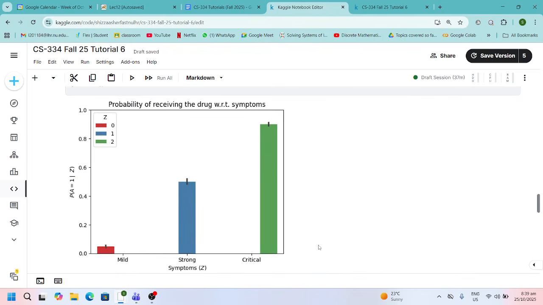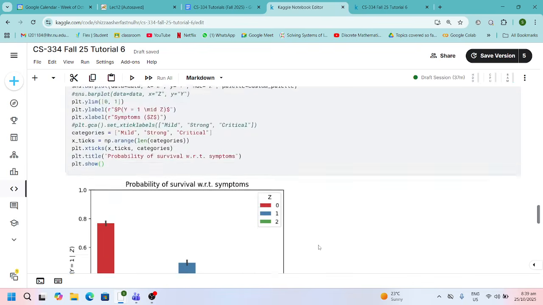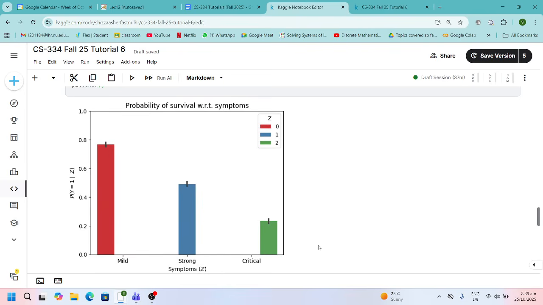After that, we made a graph which showed us the probability of receiving the drug with regards to symptoms for each individual symptom class. Now we are looking at the probability of survival with respect to symptoms. So I can also see that as the symptoms become more severe, the probability of survival decreases.